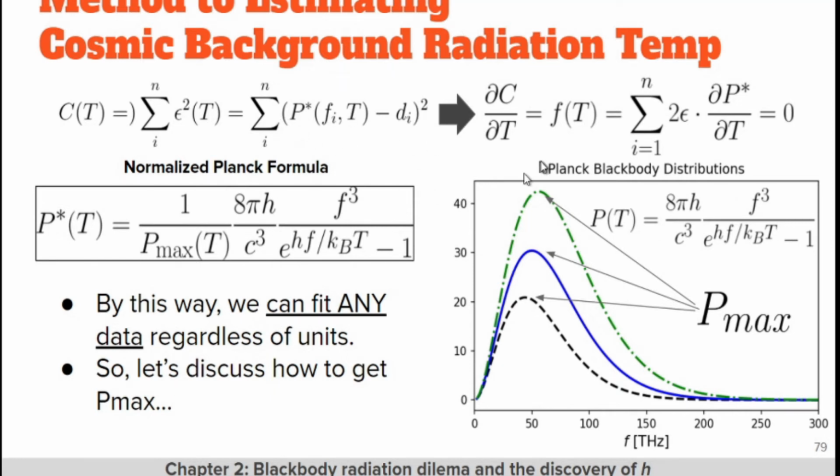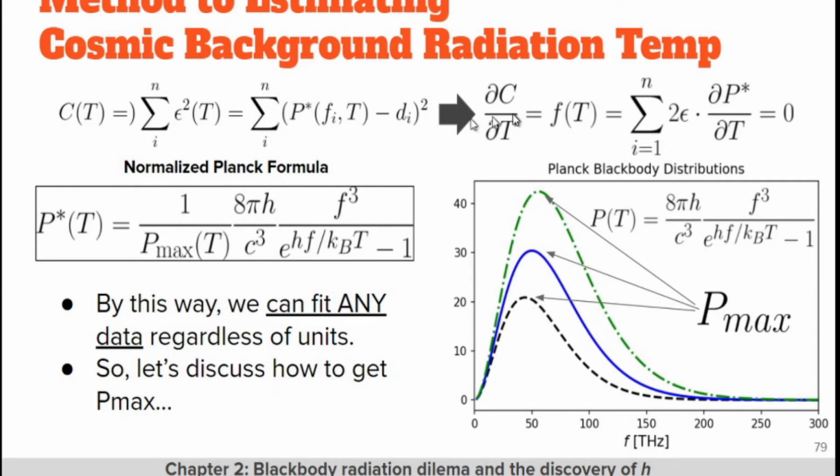So here we have, just summarizing or repeating what we said earlier in the earlier slides, the cost function, then the derivative of the cost function with respect to temperature, which we're calling f. All of that becomes 2 times this, because this is squared. So when you differentiate, you get a 2 in front, times this difference, which is the normalized Planck's function minus our data point.